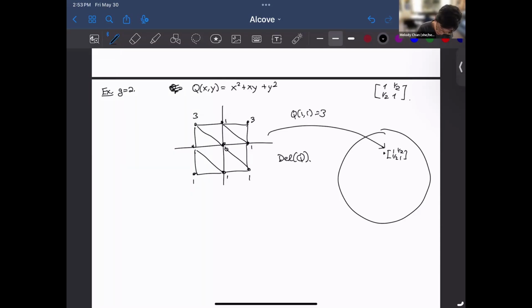Now, given one of these pictures, so given any such picture, a Delaunay subdivision, let's collect together all of those Q's that gave rise to it.